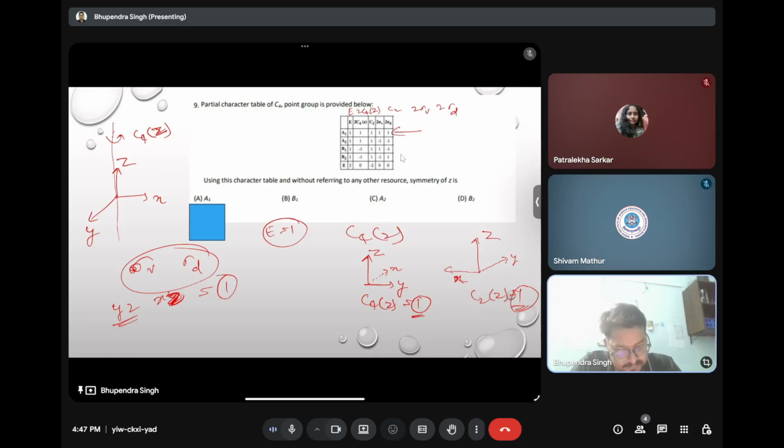So I think it is matching with your A1. So it is fully symmetric, totally symmetric. So the answer should be A1.